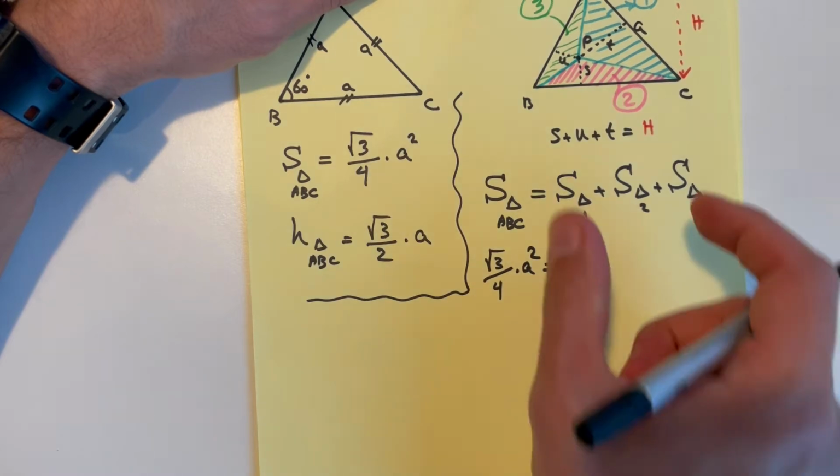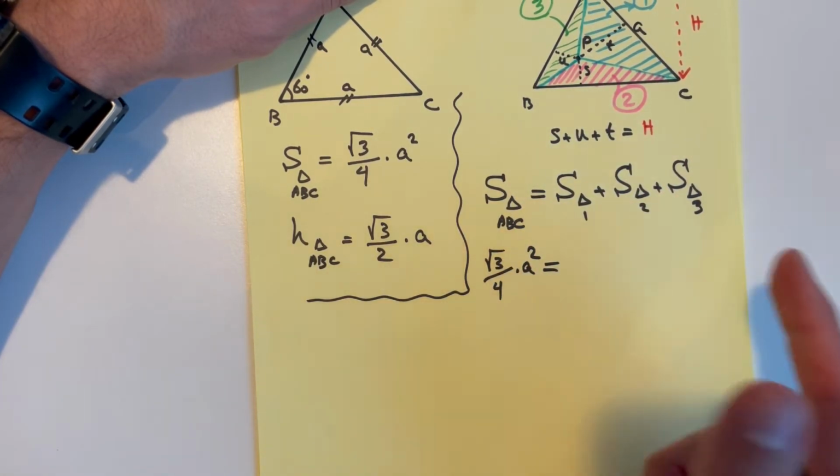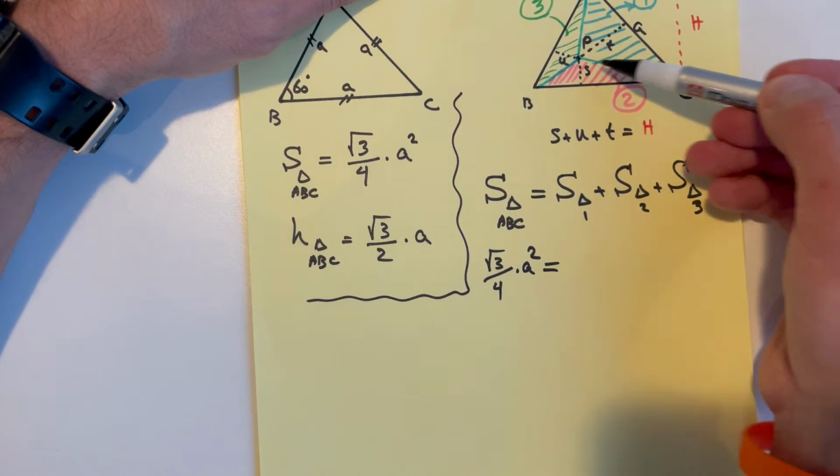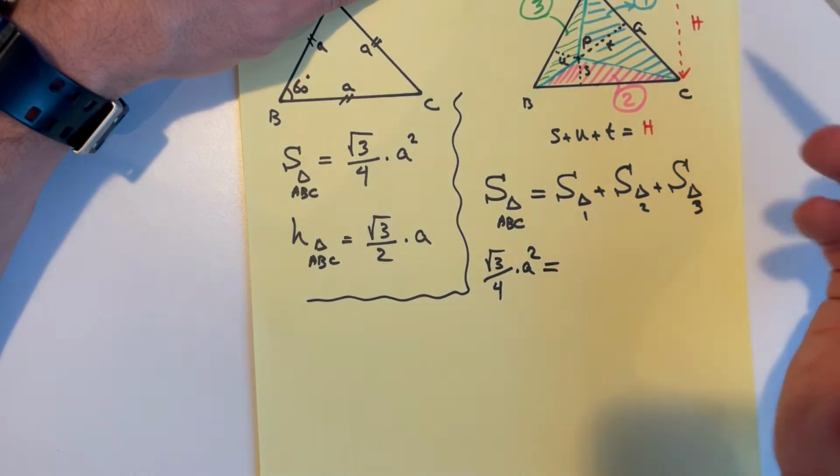So if we call the side a, I write radical 3 over 4 times a squared. This should be equal to the area of triangle number 1, which is APC.